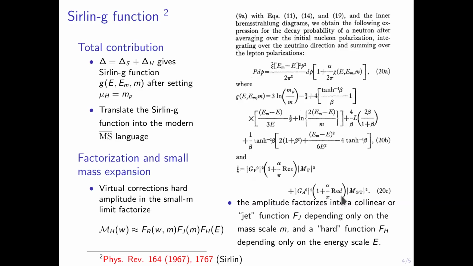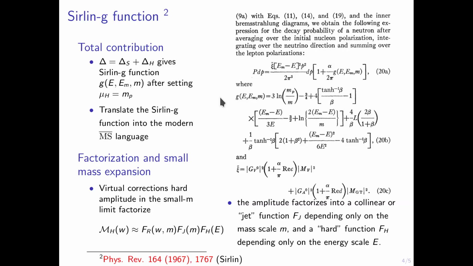If we sum the hard and the soft, we can reproduce the Sirlin g function by setting the hard scale to the mass of the proton. So we just translated the Sirlin g function into the modern MS-bar language.